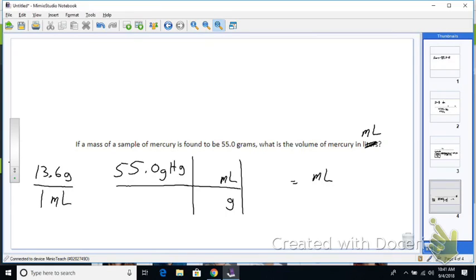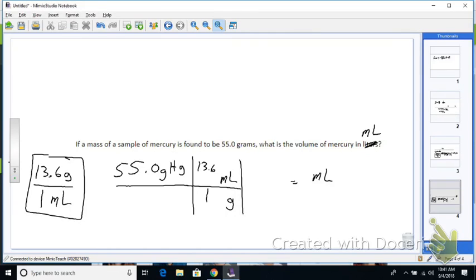So we have lots of students that'll do this and they'll do it wrong, and they'll put 13.6 up here and they'll put 1 down there. What's wrong with that? This is just density. So I want you to look at the density, and I want you to look at what I have over here. What's wrong with that? Right. 13.6 has to go with what?